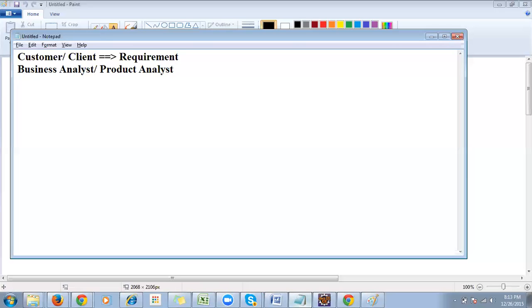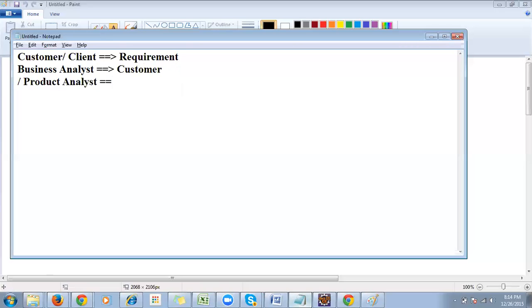A person who is going to collect the requirement in a service based company is called the business analyst. A person who is going to collect the requirement when it is actually your own product, if you're running a company, so you will have a person to collect the requirements. That person is called a product analyst. From where will he be collecting it? The business analyst will be collecting the requirement from the customer.